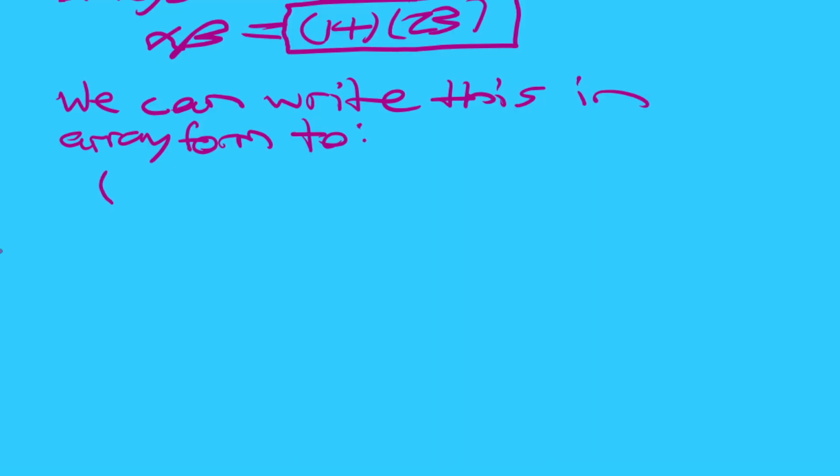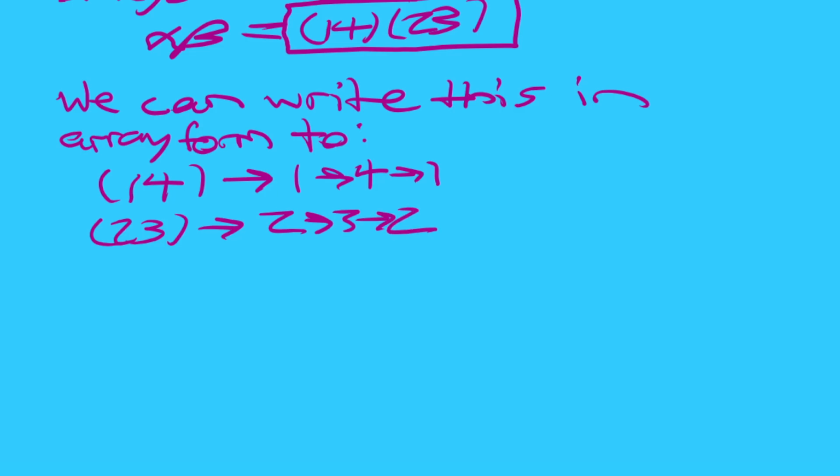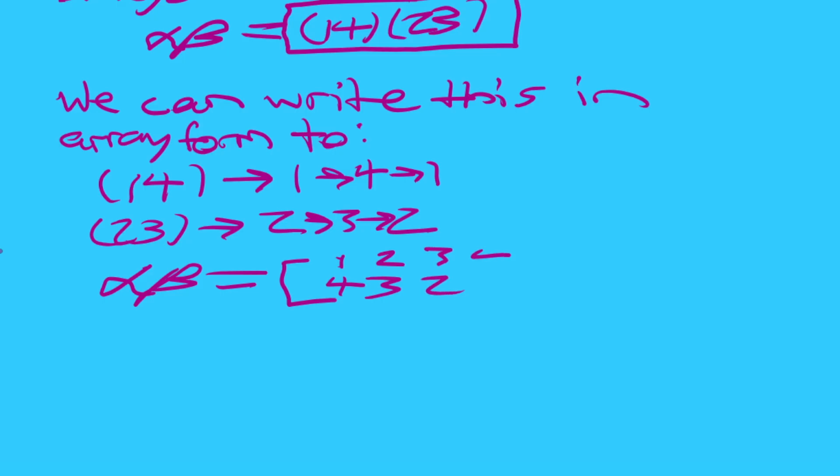So we have (1 4), so 1 goes to 4, which will cycle back to 1. And then we have (2 3), so this will be 2 goes to 3 goes to 2. So these disjoint cycles in array form would be 2, 3, 2, 4, 1. This is the array form for it.